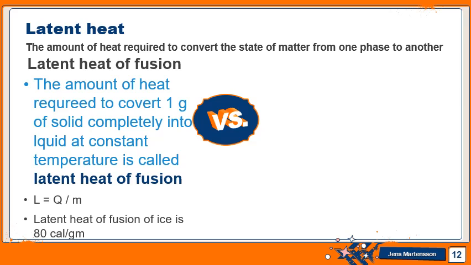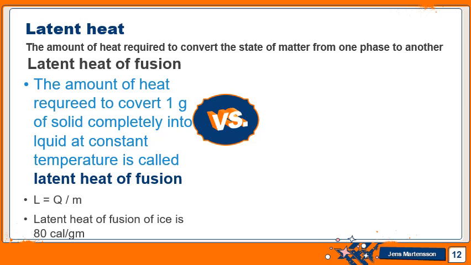Normally for ice, it takes 80 calories per gram. That is the latent heat of fusion for 1 gram of ice to convert into water. Remember, this is for ice only, not for all substances: it is equal to 80 calories per gram. What are the units of heat energy? Calories.